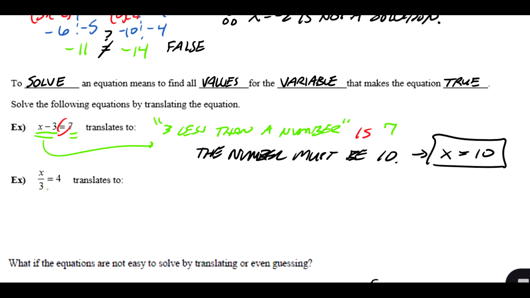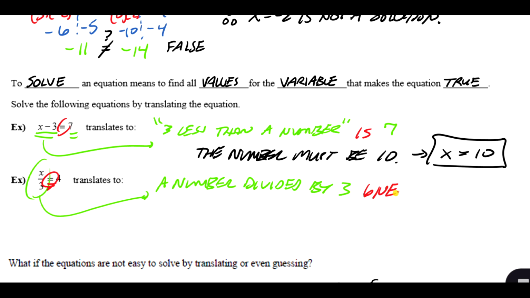The left side of the equation translates to a number divided by 3, and then the equal sign could be the same as, or gives even, a value of 4.